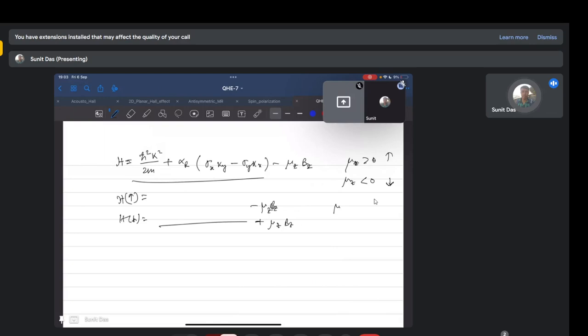Or rather, you can also write that mu z is plus mu for the plus state, where mu is something else, the permeability, and mu z is minus mu for the minus state. That way you can also do it. And then you need to do all the process for spin up state and spin down state separately.